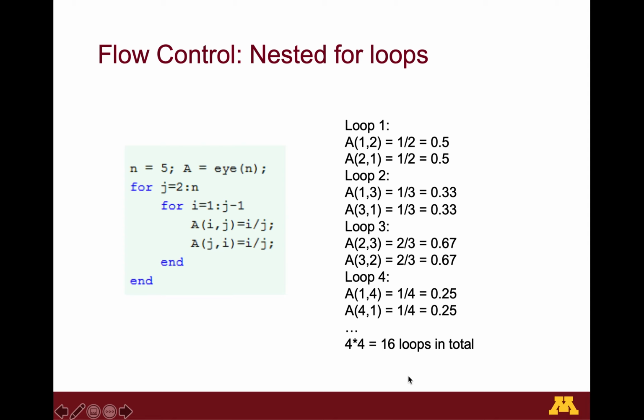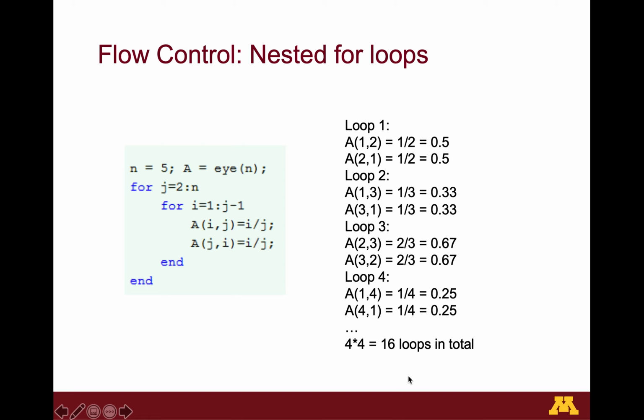Now in loop 3, since i just looped through 1, it still has a value j minus 1 equals 2 to be looped through. We now have i equals 2 and j equals 3. So in this loop 3, we calculate a23 and a32.